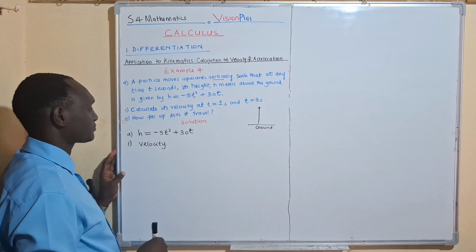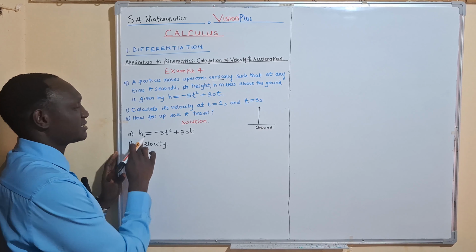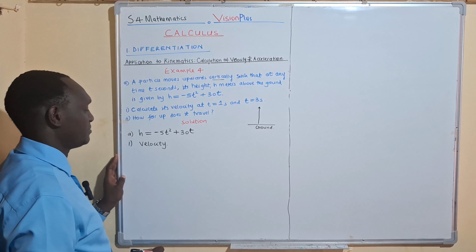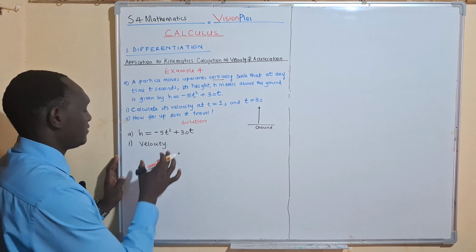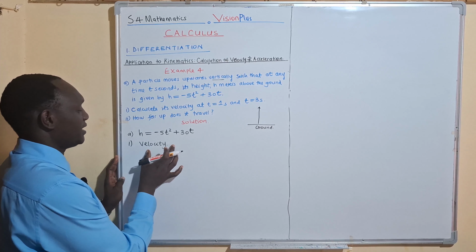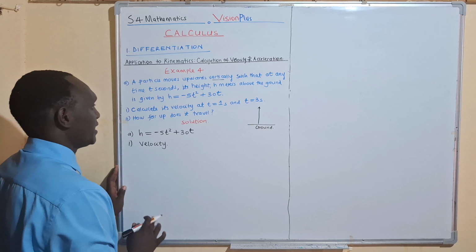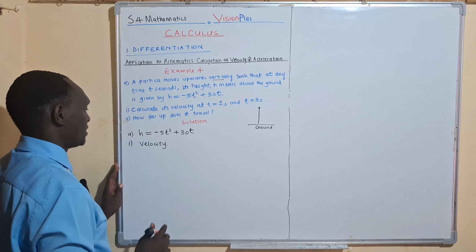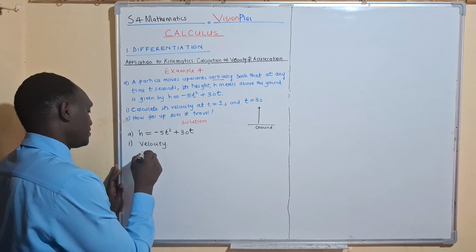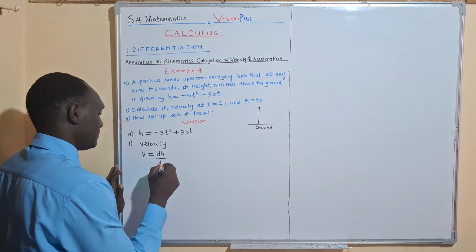Remember the height, in this case, represents the displacement. Velocity is the rate of change of displacement. In this case, velocity is the rate of change of the height of this particle that is thrown upwards. Therefore, velocity will be given by dh/dt.